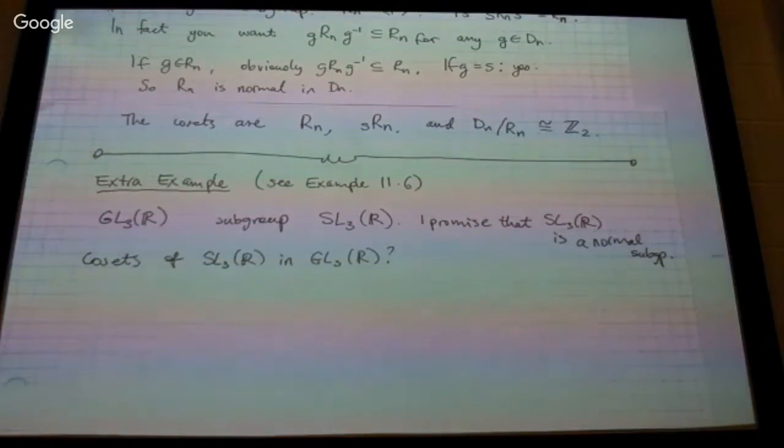Don't they all have the same determinant? Yes, exactly. So one of the cosets is the subgroup itself, but that's always the case. And then there are infinitely many cosets, and each of the cosets is exactly the matrices with a given value of determinant. Okay.